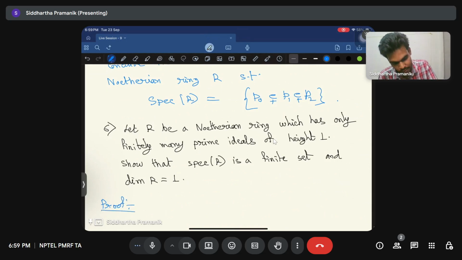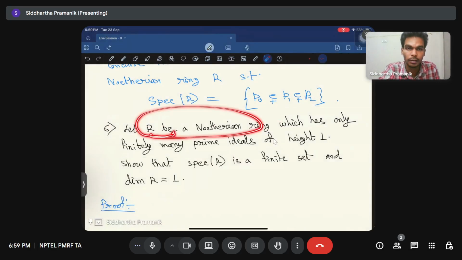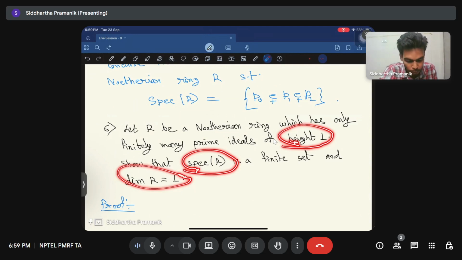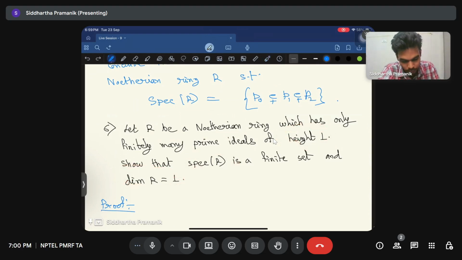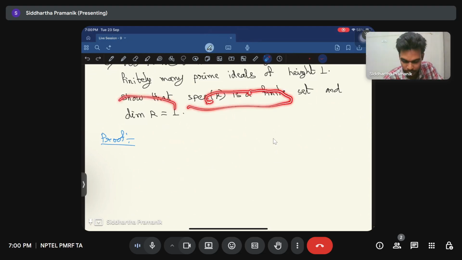So what it says, so here R is a Noetherian ring and it contains only finitely many prime ideals which have height 1. So then we have to prove that its spectrum is a finite set and its dimension is equal to 1. So it has two parts. So let's prove this one by one. So we have to prove that spectrum is a finite set and the second part is dimension is 1.